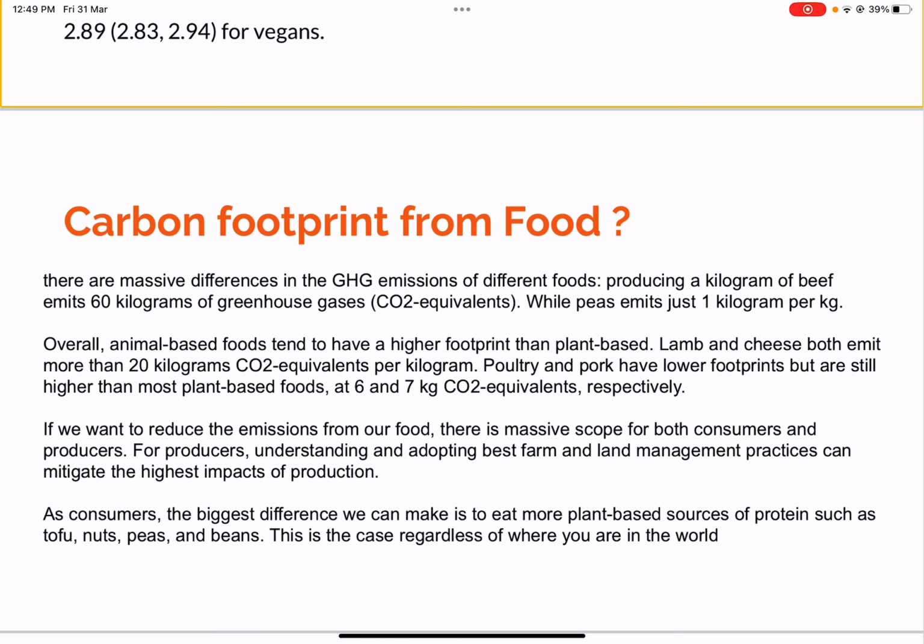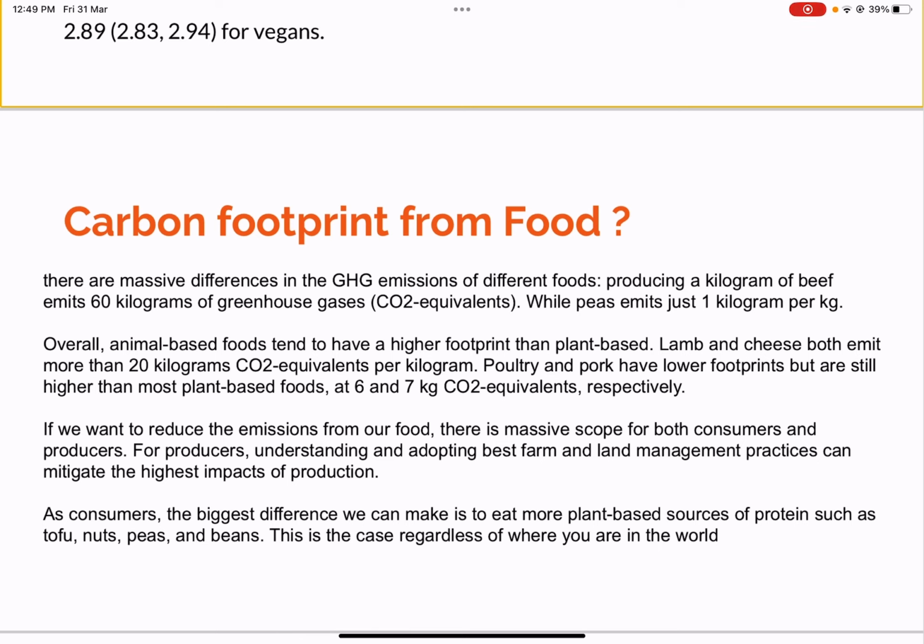So overall, what we see is that animal-based foods tend to have a higher carbon footprint than plant-based foods. Lamb and cheese both emit more than 20 kilograms of CO2 equivalent per kilogram of lamb meat or cheese.